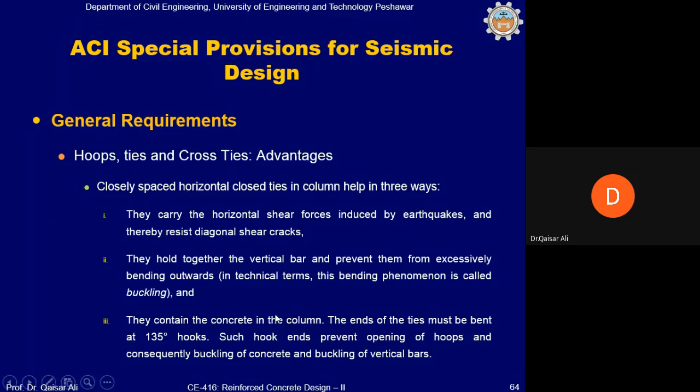They also contain the concrete. Usually, from the shape point of view, there is no difference in stirrup and tie, but traditionally it is a practice that whenever this kind of bar is provided in beams, it is called a stirrup, and if the same is provided in columns, it is called a tie, although there is no difference in their shape. Okay.